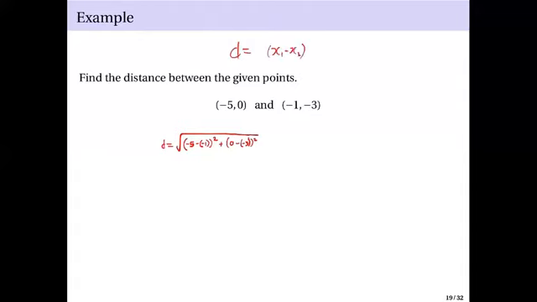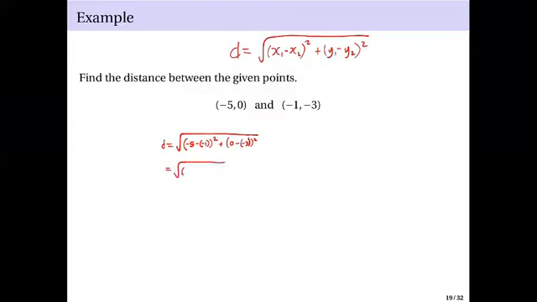Okay? So -5 minus -1, that's there. 0 minus -3, that's there. Then we just calculate. We have here -5 minus -1. It becomes -5 plus 1. So square root of -5 plus 1 squared. And then here you have 0 minus -3, it's just plus 3 squared.